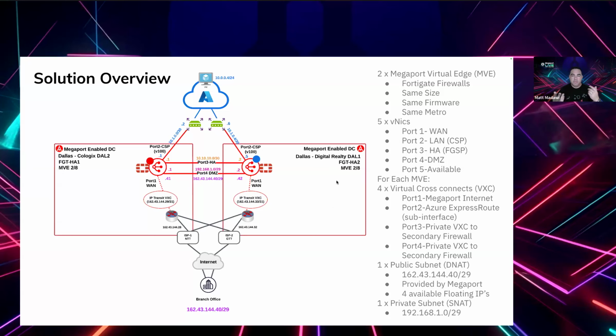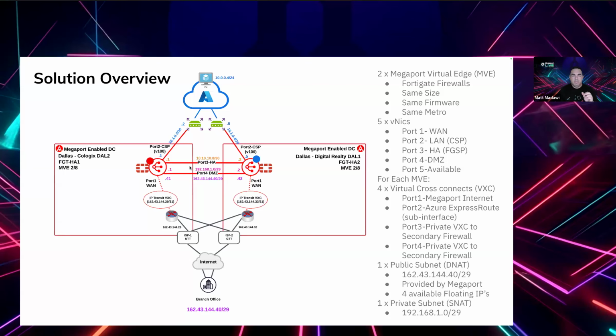This also gives you physical diversity, as opposed to everything being in the same building. In each one of these we also have connectivity between the firewalls because we're running FortiGate session protocol, FGSP, between them to make sure that the sessions are mirrored.